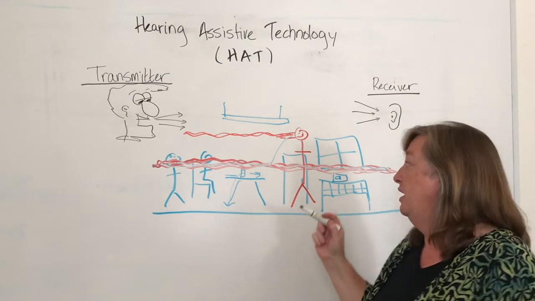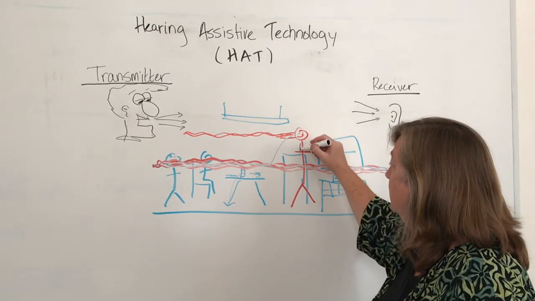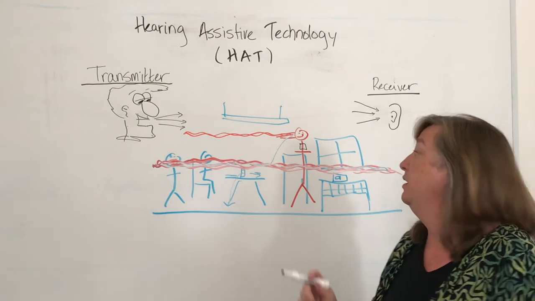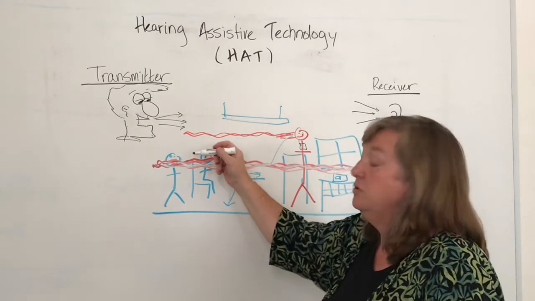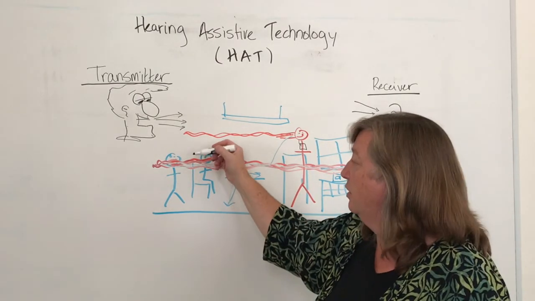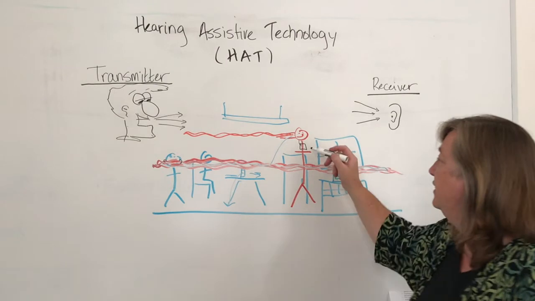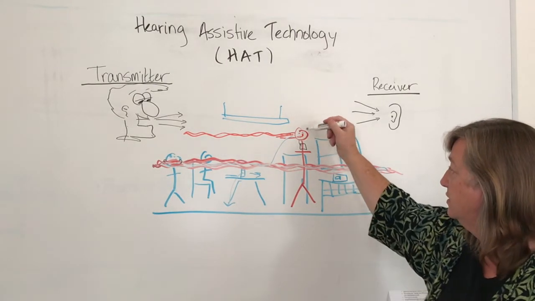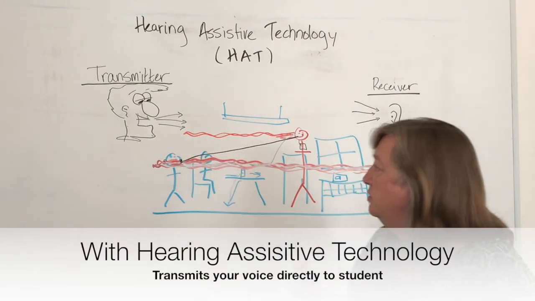So the transmitter that you are going to be wearing, generally in your pocket or around your neck, is going to take your voice, and your student is going to be wearing a receiver of one kind or another, and this transmitter is going to take your voice and take it directly to your students' ears.